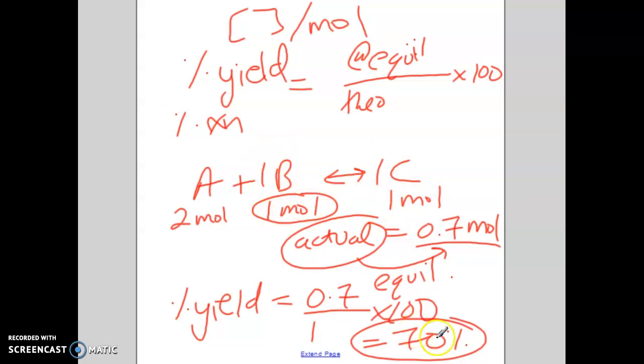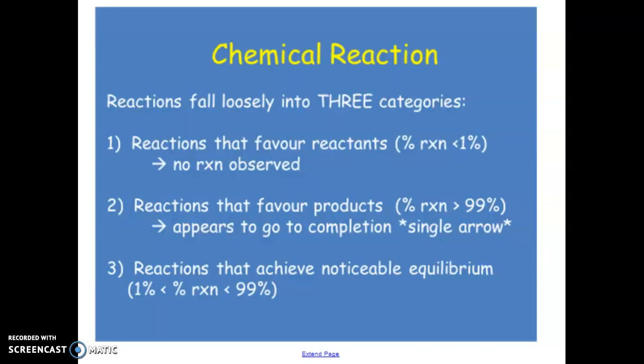So now, the percent yield that we end up getting from a reaction actually tells us if we have an established equilibrium or not. A reaction can fall into one of 3 categories. Either there is no reaction observed, so maybe we say no reaction, we have a reaction that goes to completion, or we have reactions that are in equilibrium or noticeable equilibrium.